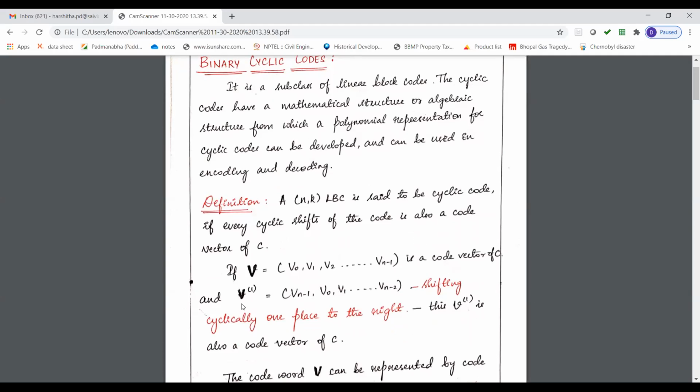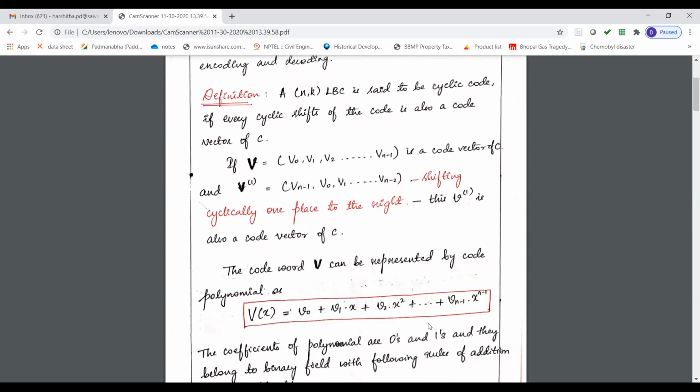Vn minus 1 is shifted cyclically to the front, so we get Vn minus 1, V0, V1, V2 and so on till Vn minus 2, and we see that this shifted vector is also a code vector of C. So we can say an (n, k) linear block code is a binary cyclic code if this property is satisfied.